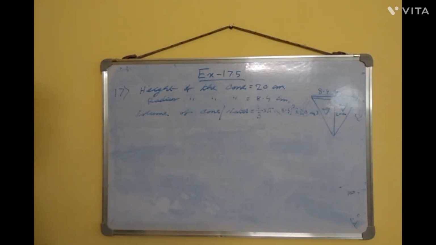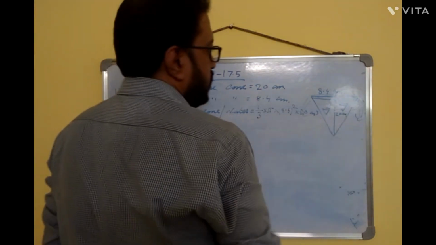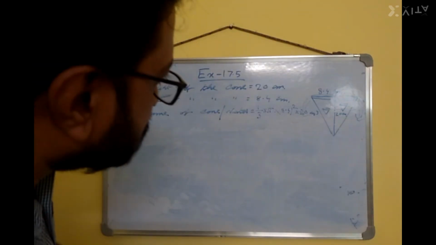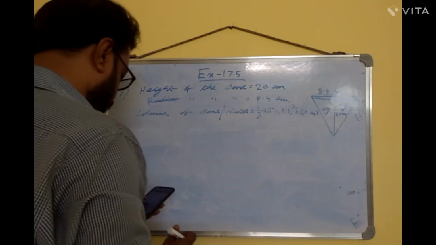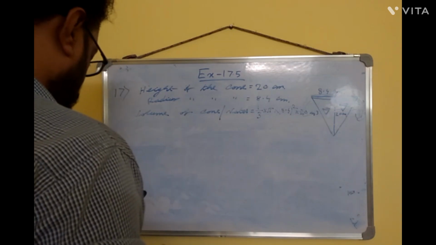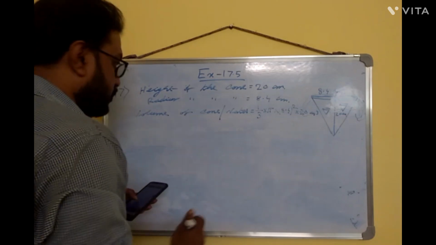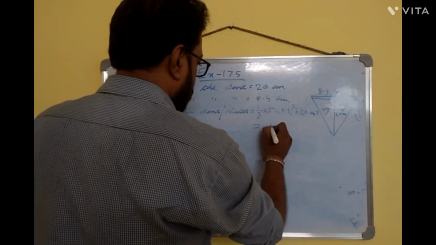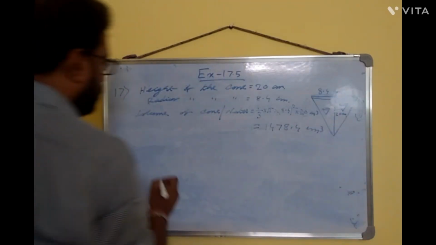Now, when I put two small cones inside the water, how much water is falling down? 1/3 of the water. I wish I should not do it, but I have to do the calculation. So let me complete the calculation, otherwise you will face problem. 1478.4 centimeter cube.